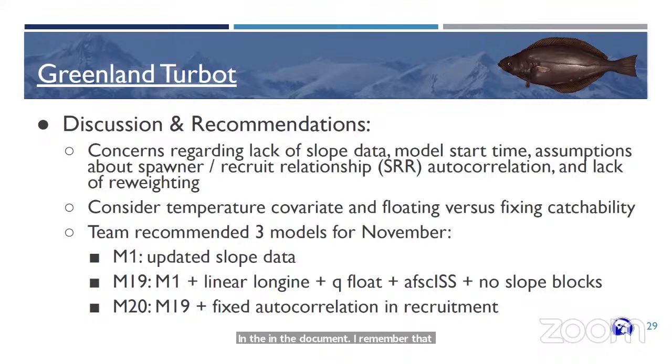So possibly that's why, and just maybe simplifying this model, because when they started talking about changing the start year, that can have a lot of impact on the model, and so some of these changes maybe aren't as necessary. So perhaps they were going with more of a simplified view. That's my memory of the conversation. Okay, I think we're good on that. And I think that's it on Greenland turbot.